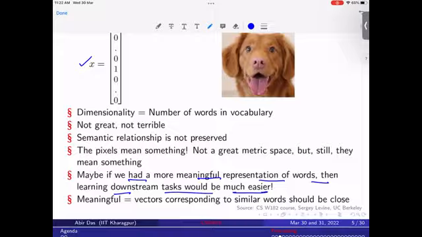So what did I say? Meaningful means vectors corresponding to similar words should be close. That's what I said earlier also.